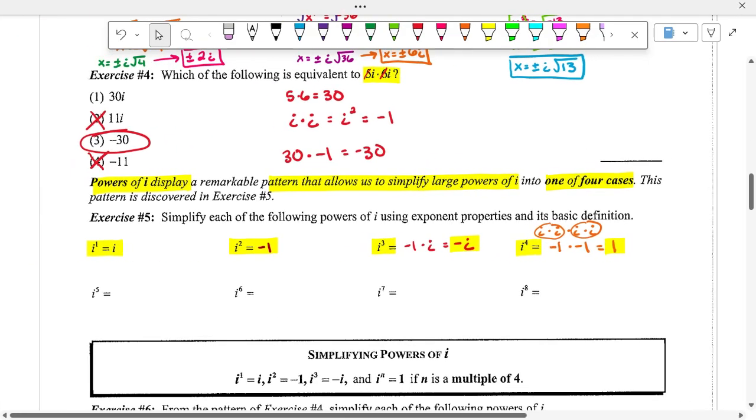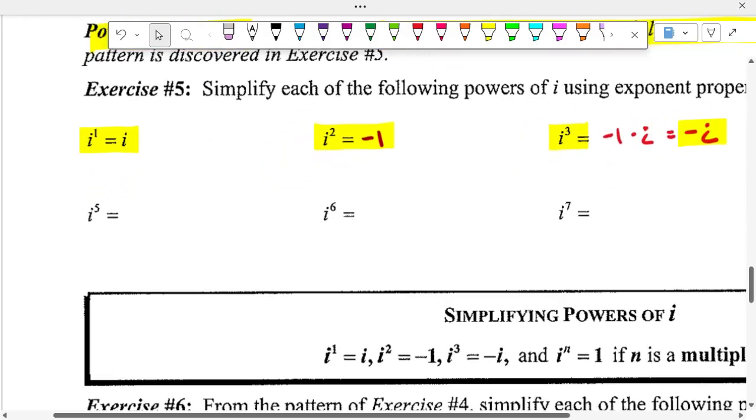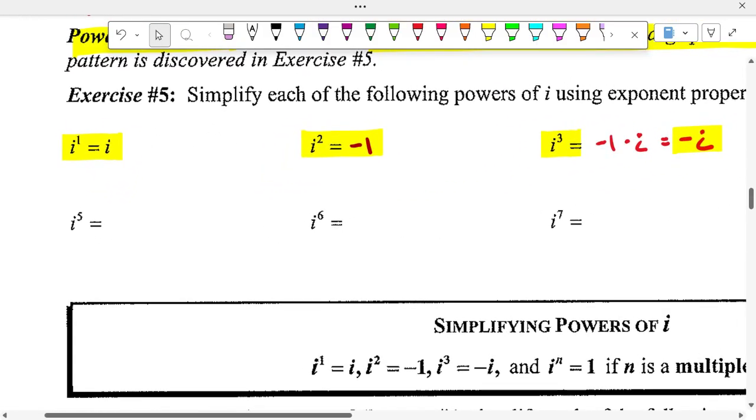All of these that I just highlighted, I, negative 1, negative I, 1, that's always going to be your answer to any power of I. So it'll be one of those 4 choices. So now, let's think about this logically. I to the fifth, it follows 1.